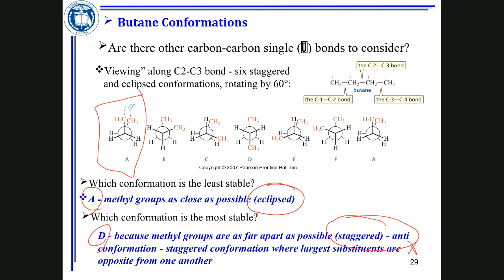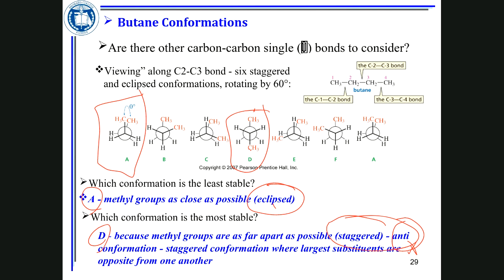So that is the totally eclipse, the least stable. And then you have the two metal groups in opposite sides from each other, as far as possible from each other, and that would be the anti or opposite side. So this anti name is coming from the opposite side.